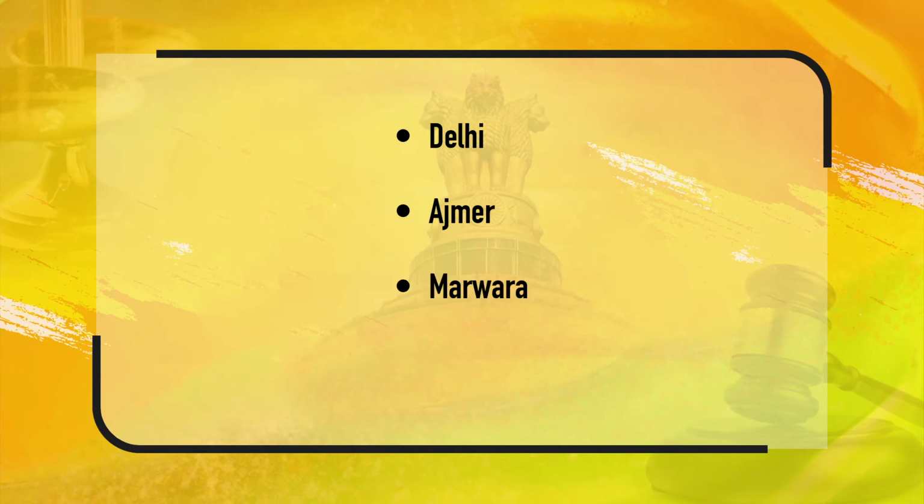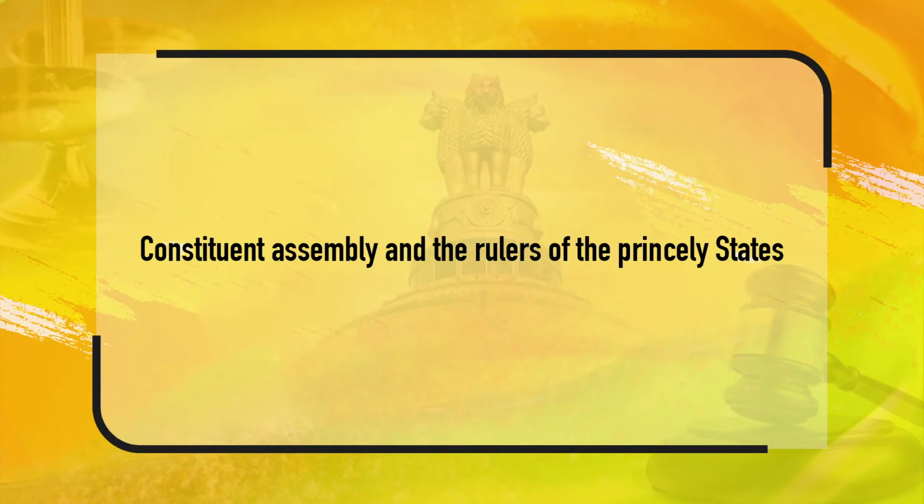The members of the Cabinet Mission also recommended that 1 representative each from Delhi, Ajmer, Marwara and Coorg should be added to Section A. Princely states numbering around 565 were given seats not exceeding 93, but the method of their election was left to the Constituent Assembly and the rulers of the princely states to decide.